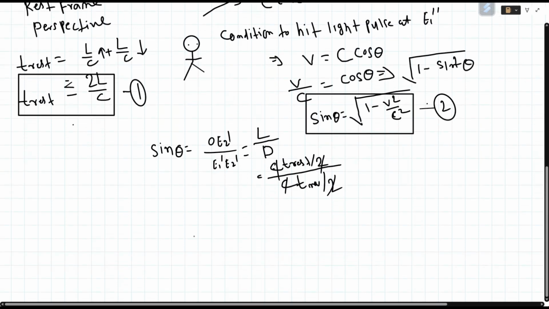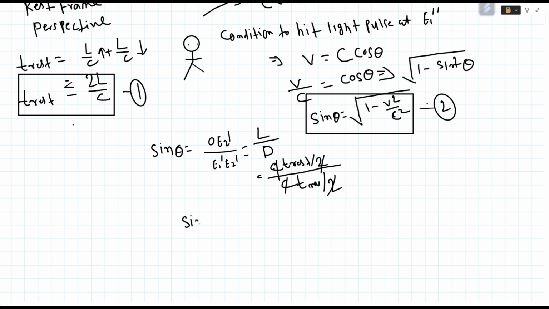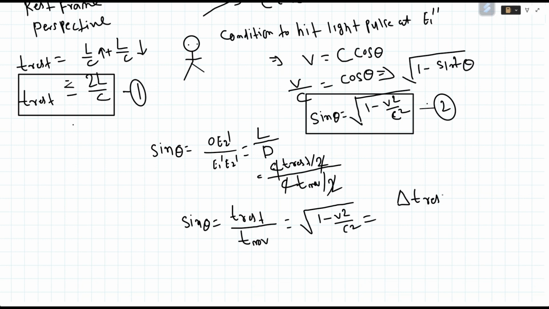What will be left is sin theta equal to t rest by t moving, or more intuitively, the square root of 1 minus v square by c square equals delta t rest over delta t moving.